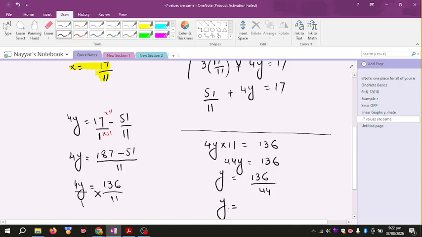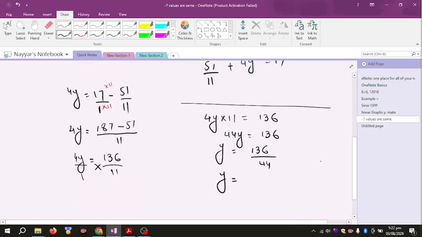What is 136 divided by 44? Hafsa, tell me. 3.0. Sorry, 3.0. 3.0 means 3, right? So our value of y is, are you sure this is 3?